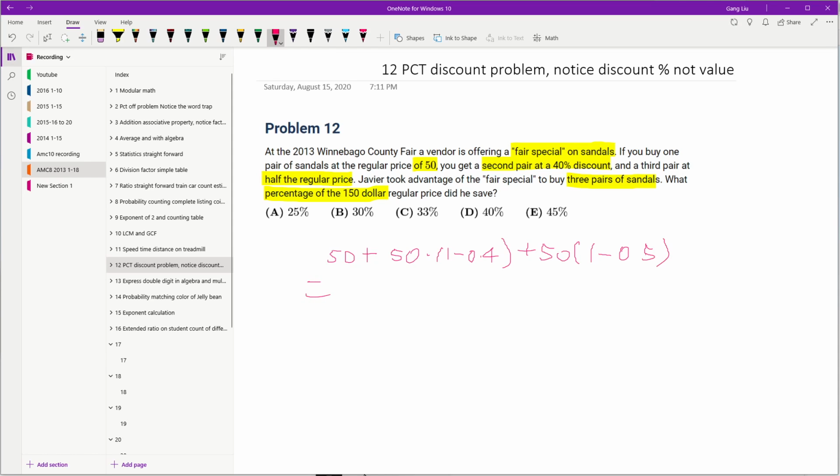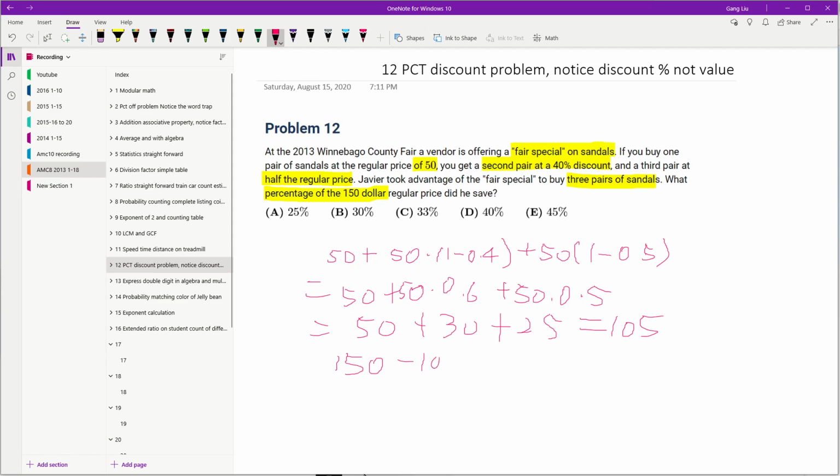That's going to be 50 plus 50 multiply 0.6 plus 50 multiply 0.5, equal to 50 plus 30 plus 25 equals 105. And so he saved 150 minus 105 equals 45.